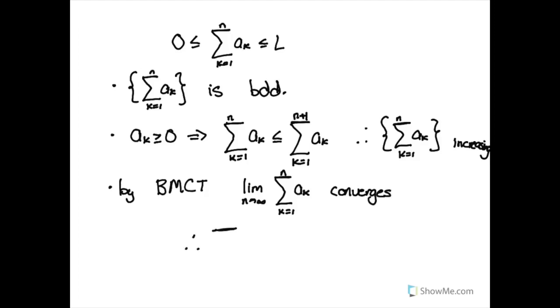Therefore, the series AK, k equals 1 to infinity, converges. Again, it's important to note that we can't really say just from here what it converges to. The only thing we can say is it converges to something.